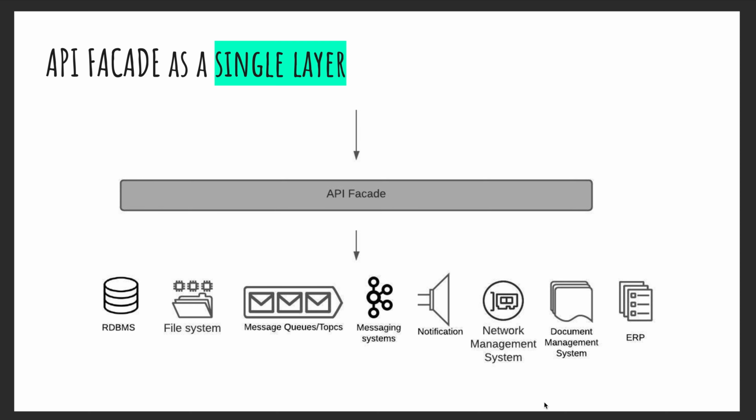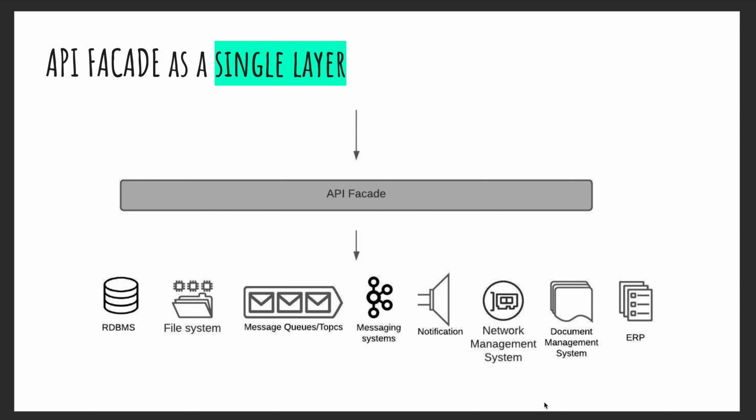Take an example of fetching some data out of a database management system. How those data are fetched is not of a concern to the consuming application. The consuming application only needs an interface that is easy to use to get the data it needs. The API facade layer can facilitate that.